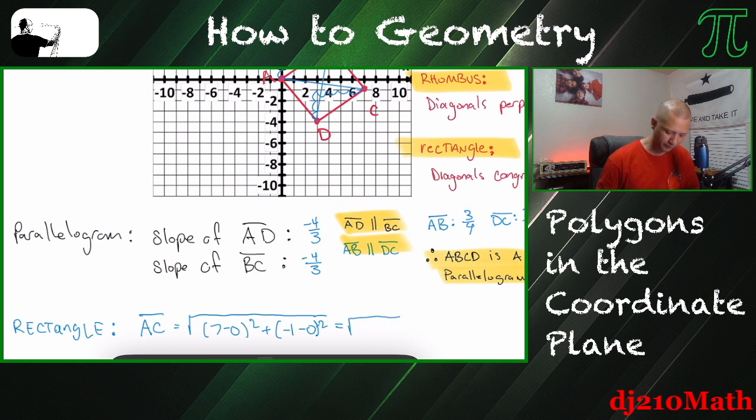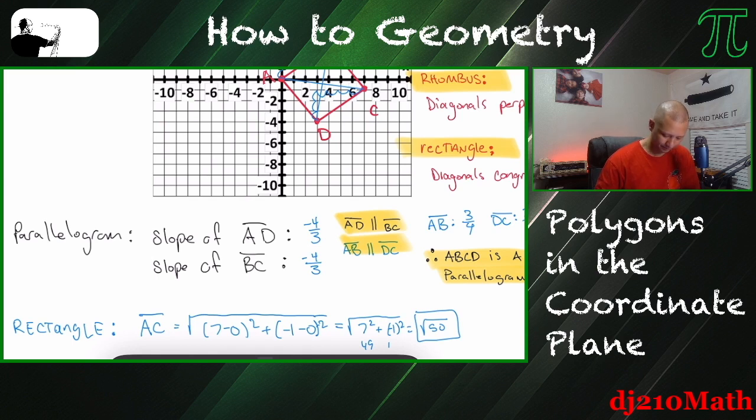So the square root of 7 squared plus negative 1 squared. So this is 49 plus 1, so root 50. I'm not going to simplify it. Root 50, that's how long AC is.